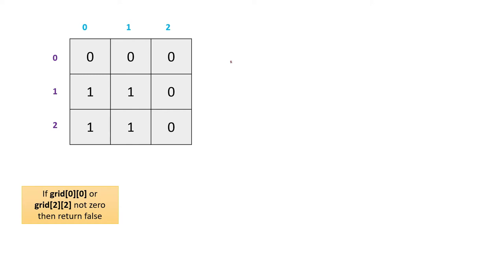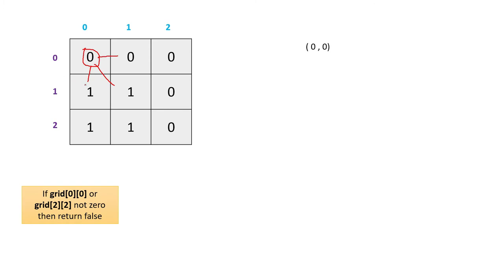Now we can start from 0, 0. So we can write down here that from 0, 0 we are starting. Now where can we go from 0, 0? This side or this side, because this side we can't go, that is outside of the grid area.